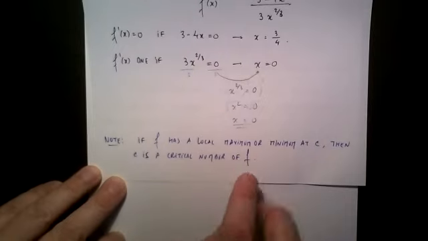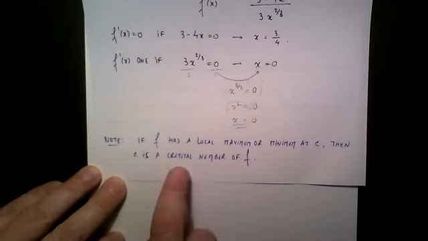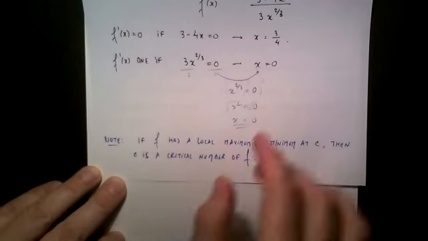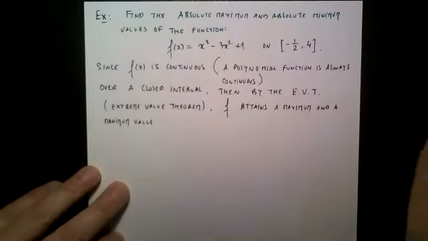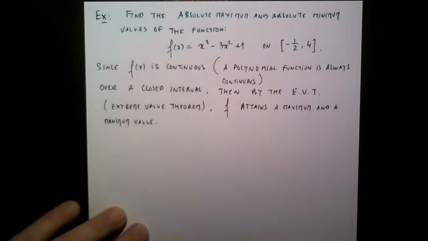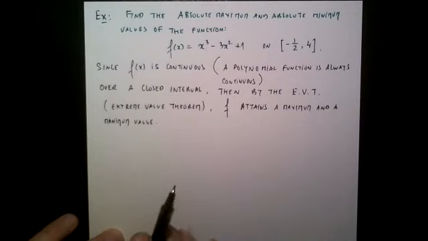But if it has a maximum or a minimum at that value, the function has a critical number there. That means it's a place where the slope is 0, the derivative is 0, or doesn't exist. So I'm going to find where the derivative is 0, and that's going to tell me where potentially I have a maximum or a minimum.